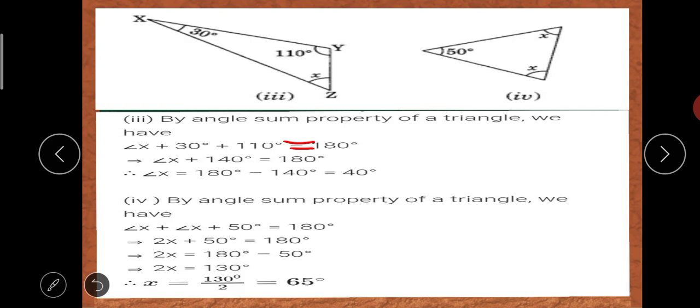So we get 40 degree. So the value of x is 40. Now do the addition here. 30 plus 40, 70. 70 plus 110, again it is 180. For your confirmation that our answer is correct or not, you just do the addition orally. No need to show it here. So the value of x we got here is 40.